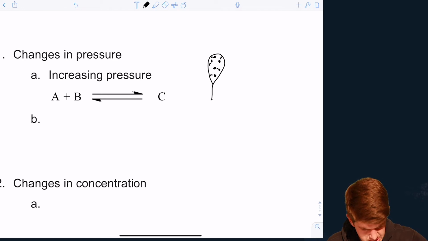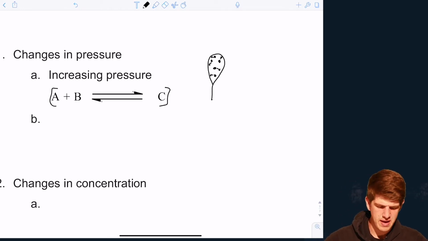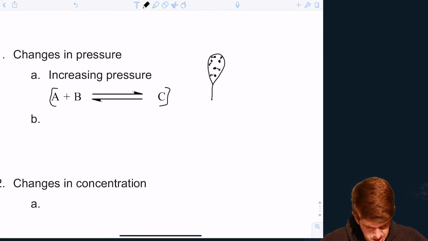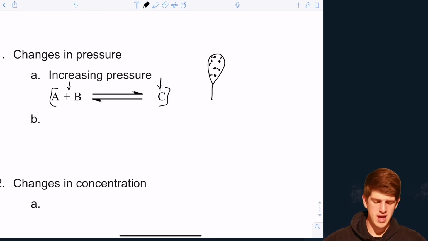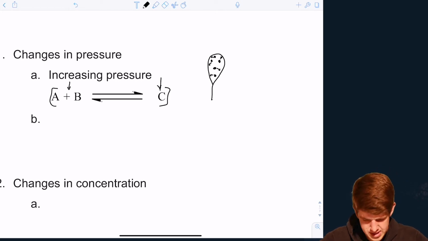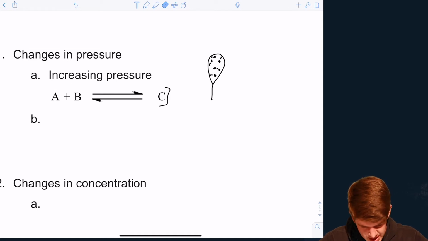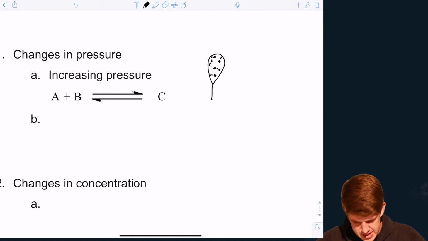In this case, if I have an equilibrium where I have 2 reactants forming 1 product, there are more molecules on this side than on this side. So if I have an increase of pressure, and I'm trying to decrease pressure to limit that stress, I'm going to convert more of my A and B reactants into products. So what's the effect?